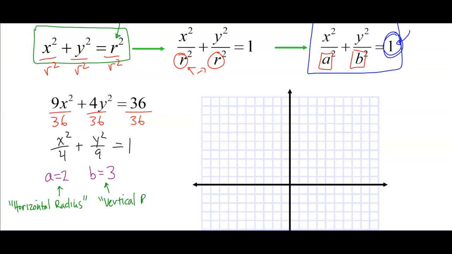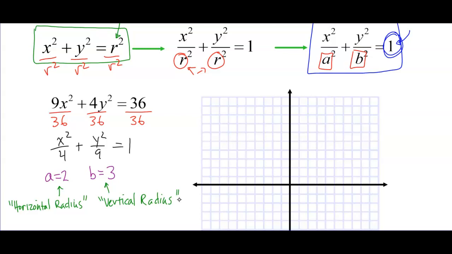And that's not really proper vocabulary because radius is supposed to only be a word you use with circles. But in this case, what you're going to do with those numbers is pretty much what you would do with circles. You're just going to use different numbers in different directions.